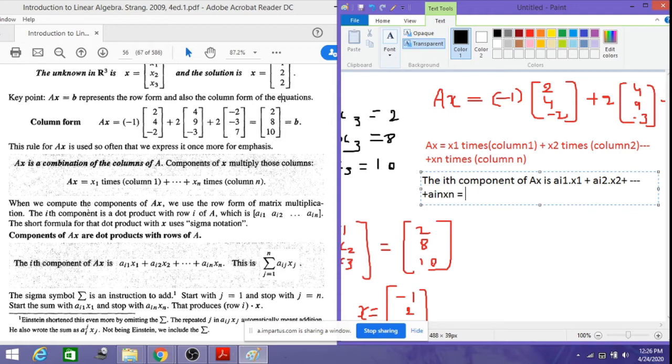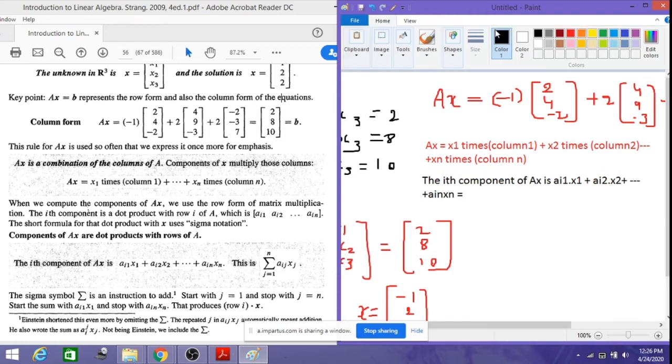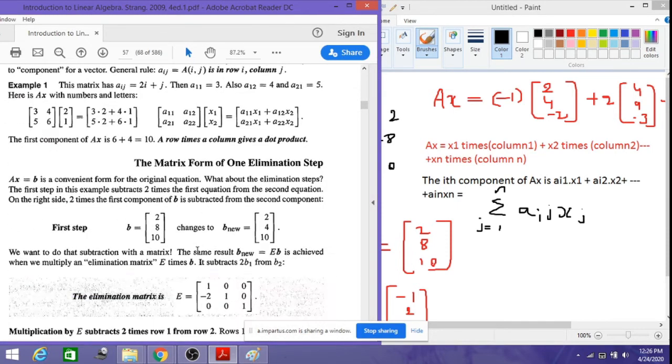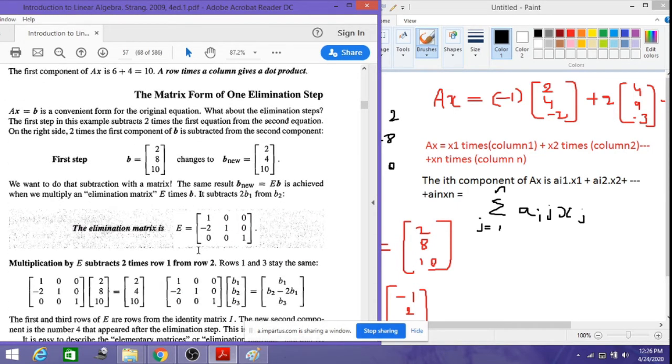This can also be written in the form of a summation, that is, the summation over j equal to 1 to n of aij into xj. This is a very general form of writing this. Okay, so this is about the matrix representation.